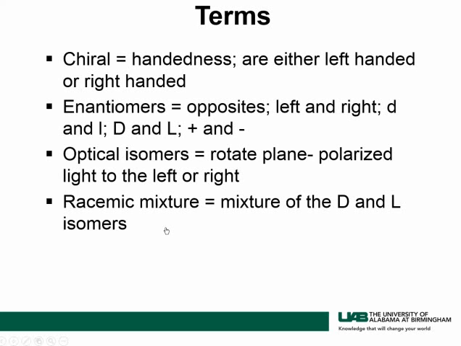Well, in nature, when you generate a chiral molecule, it's going to generate both forms, the D form and the L form. Now, it turns out that perhaps one will be used and the other one will not. One will be active if they were drugs, the other one will not.